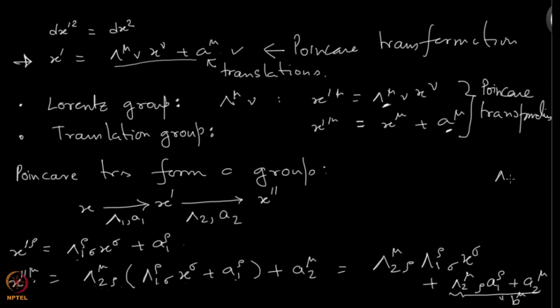So lambda 1 times lambda 2 will be some lambda within the group. So these two together are some lambda, which means what we have here has exactly the same form. Okay. Thus, we have proved that Poincare transformations form a group.